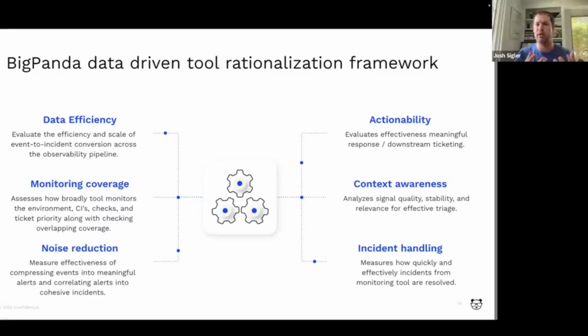How good is the signal that's coming in? And then finally, incident handling in terms of your MTTR, what does the response look like? So this is typically our view of the world, looking across the entire spectrum from observability to ITOps, incident management: just what does good observability look like?